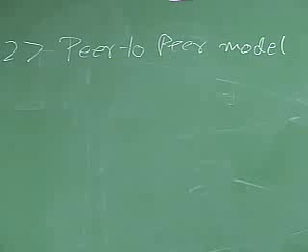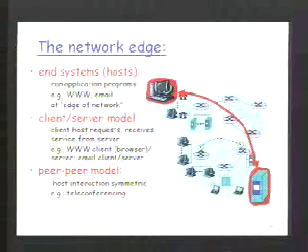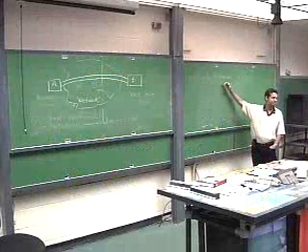In a peer-to-peer model, from the information provider and information requester point of view, the nodes don't fall into any category. So the nodes can both provide information as well as request information.